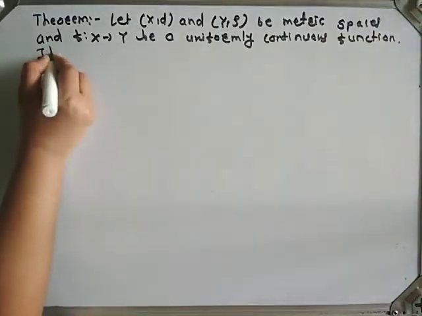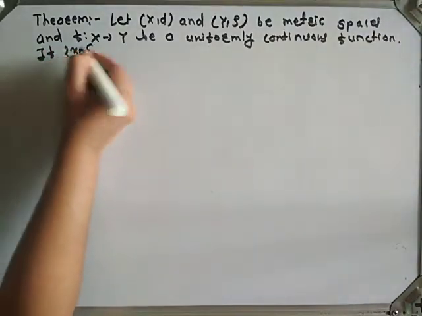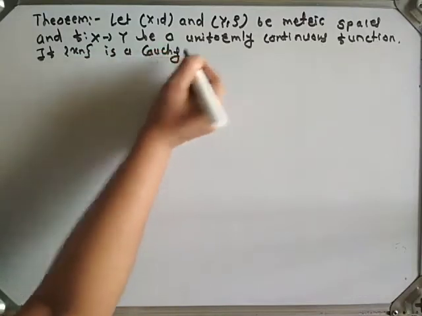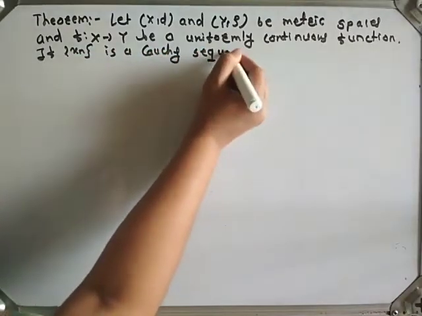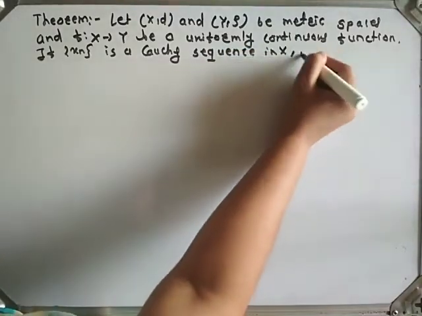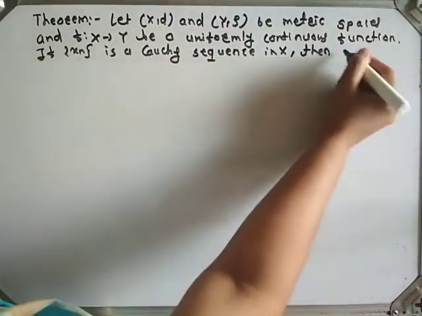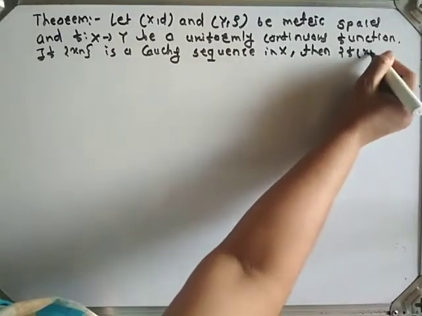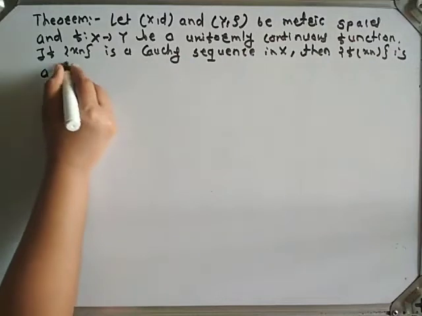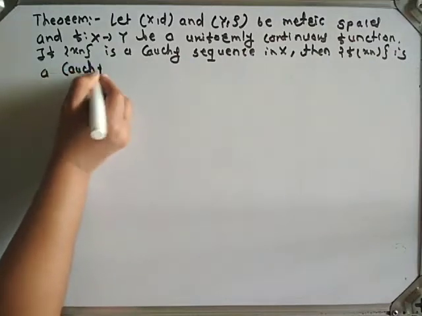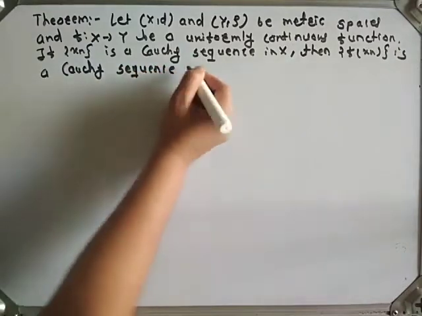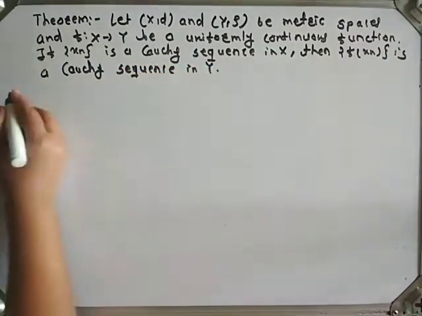If the sequence xn is a Cauchy sequence in capital X, then the sequence f of xn is a Cauchy sequence in Y. Okay.